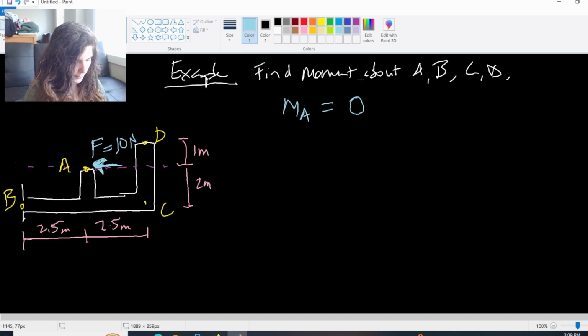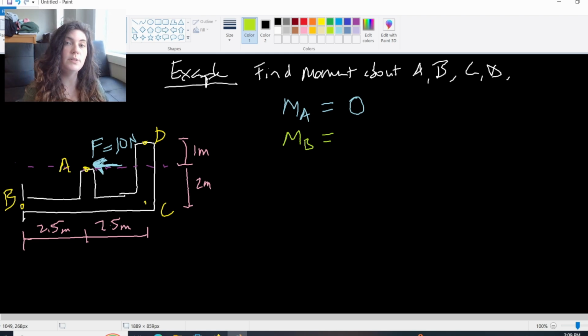Let's look at the next point then. All right, so that's our point B. Moment about point B. And we said the moment is just F times D. So what is D in this case?